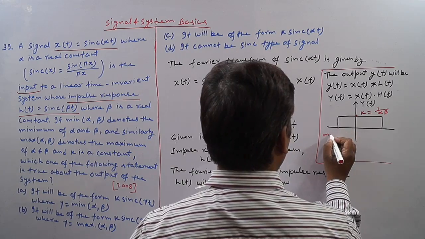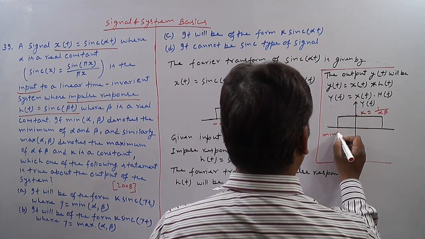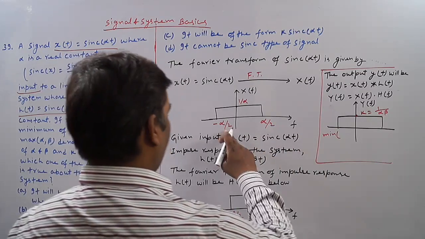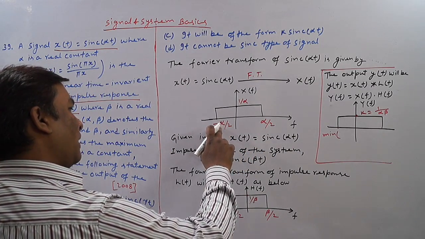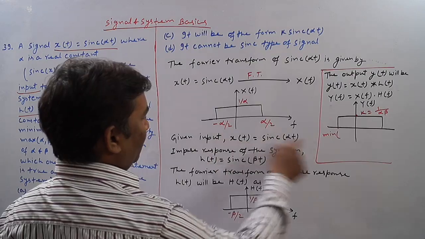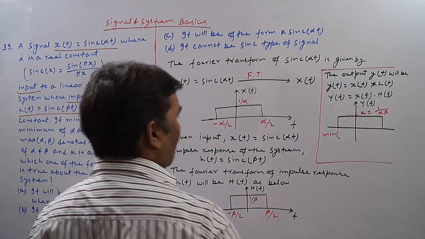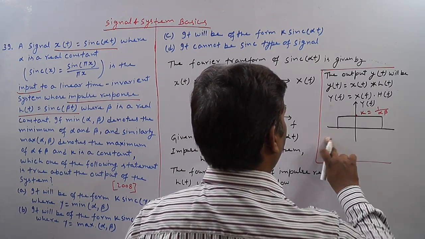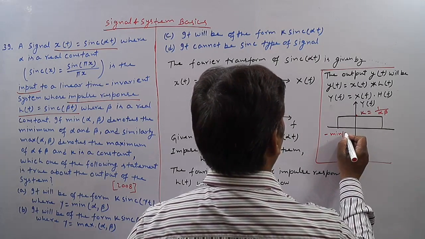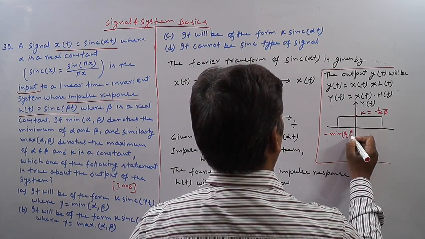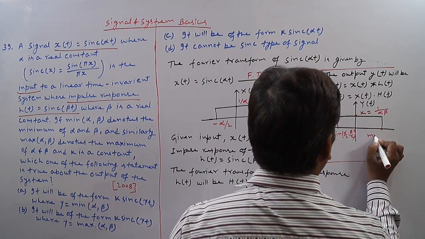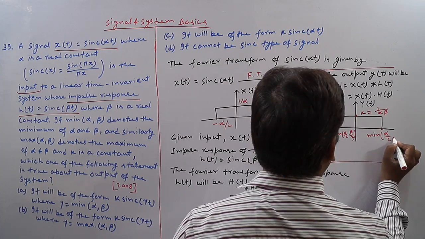Since this is minus alpha by 2 and this is minus beta by 2, here it will be minus the minimum of alpha by 2 and beta by 2.